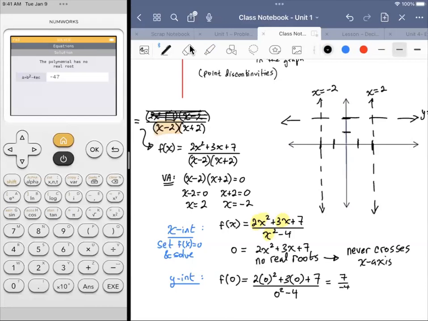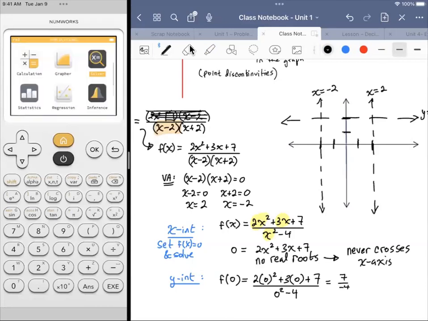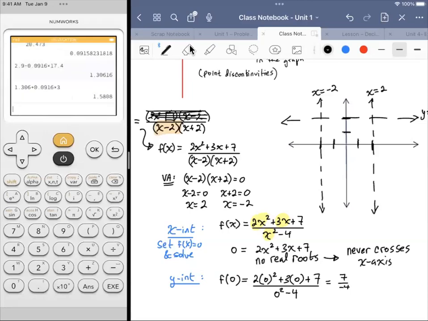If you want to get a sense of what that is in decimal form, you just go to the ordinary calculator. So -7/4, actually I probably didn't need a calculator for that, is negative 1.75. So for my y-intercept, here's -1, here's -2.